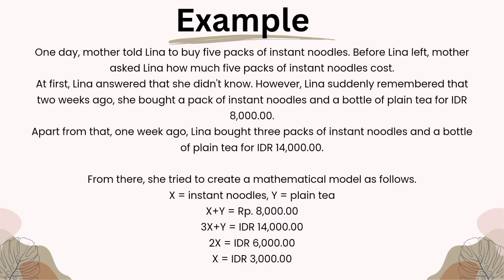And then 3X plus Y is 14,000 rupiahs. So, 2X is 6,000 rupiahs. So, X, the instant noodles, is 3,000 rupiahs. So the price for instant noodles is 3,000 rupiahs.